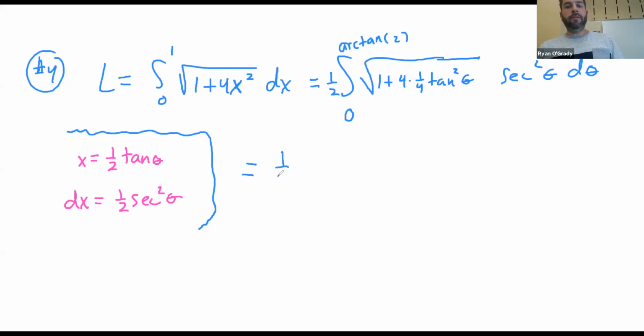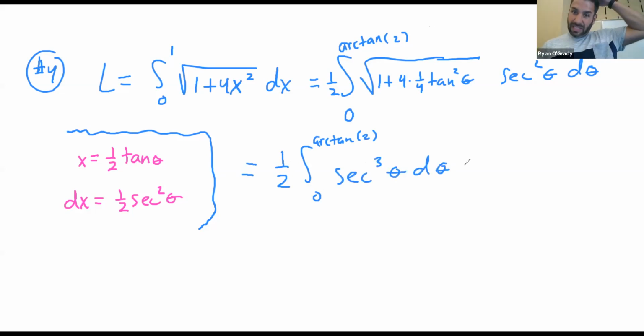So what does this become? This becomes 1/2 integral from 0 to arctan 2. And inside the square root, it just reduces to secant squared. So what you end up with is secant cubed d theta. The integral of secant cubed is not one that most human mortals have memorized. In fact, I would doubt anybody has it memorized. Well, maybe some people do.